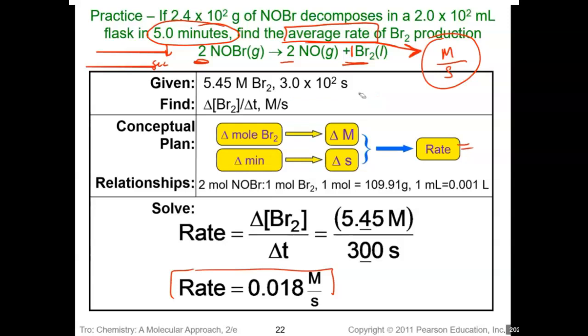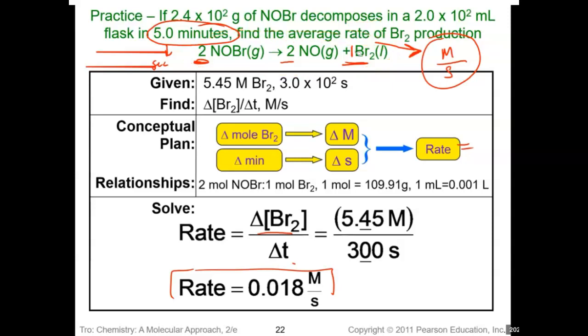So that's just an example of how we do this, and I want to be, again, very specific: average rates only. We are going to be doing so many different types of rates. I need to make sure that we've got in our brains that average rate is the change in one over the change in the other while looking at the balanced chemical equation. This will be the only time we use the balanced chemical equation to figure out rates.